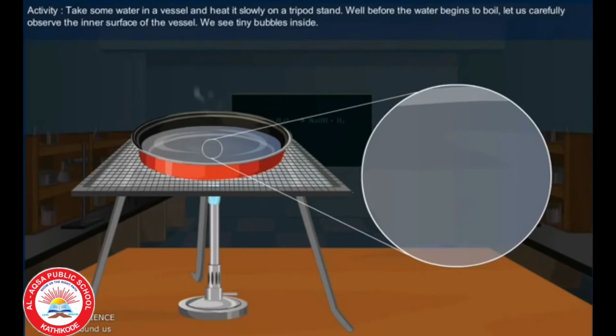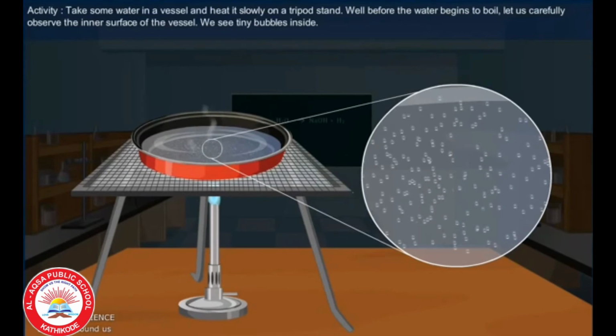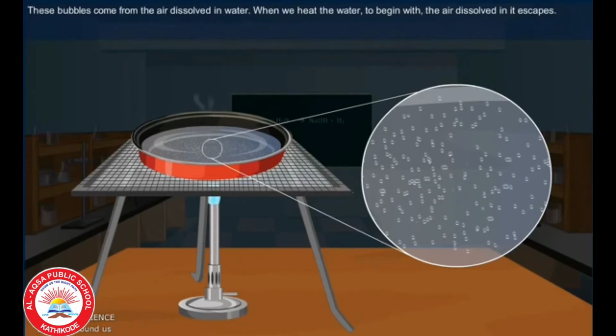Before the water begins to boil, look carefully at the inner surface of the vessel. Do you see any tiny bubbles on the inside? Yes, these bubbles come from the air dissolved in water. When you heat the water to begin with, the air dissolved in it escapes.